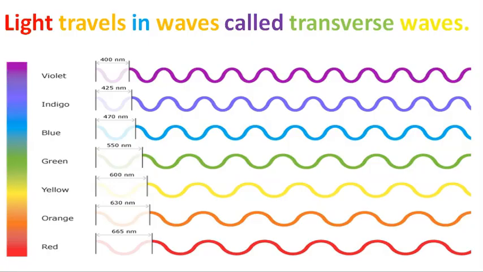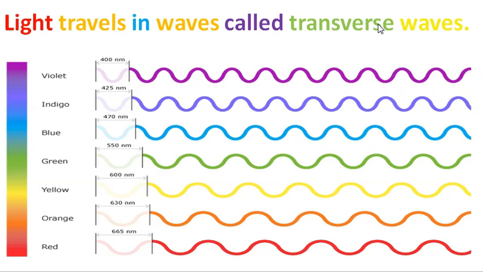Now the next point is that light travels in waves as well. We learned that light travels in a straight line, but light also travels in waves. When light travels in waves, they are called transverse waves.